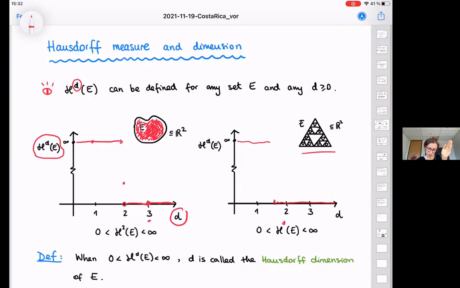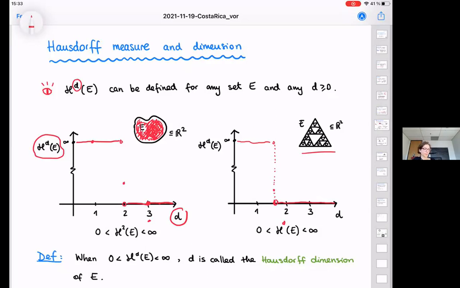We are going to see exactly what the sweet spot is in a second. And this falling from infinity to 0 is the spot that tells me the correct Hausdorff dimension of the set that I am looking at.